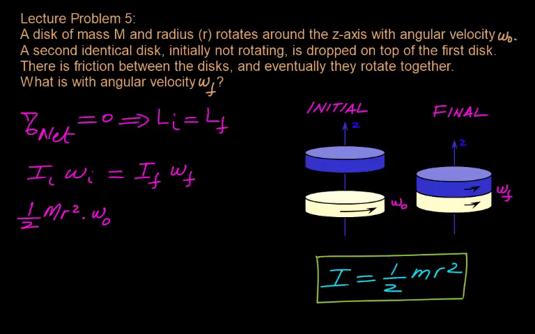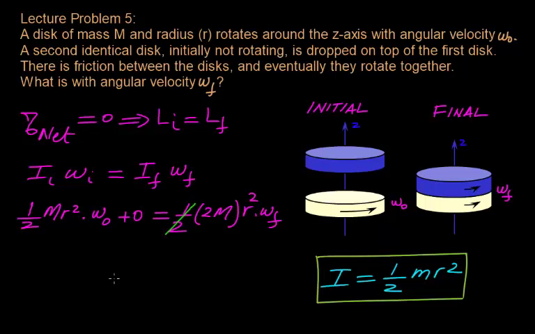The other disk was not spinning, therefore its angular momentum is 0. Afterwards, I have two disks combining into one big one, therefore the moment of inertia is going to be 1/2, the mass is twice as much, times the same radius squared, times omega final.